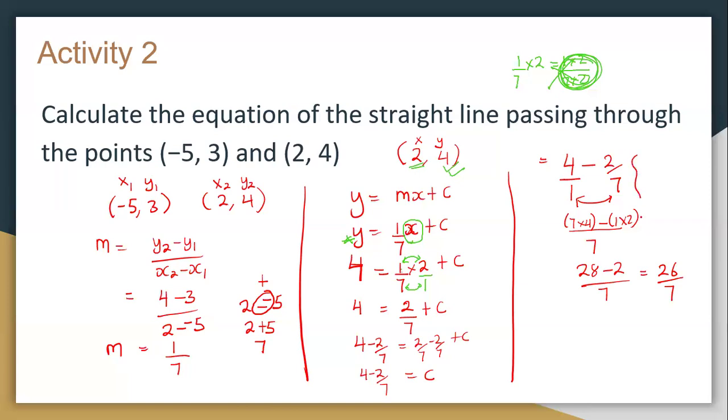Alternatively, those people who have calculators, when you have 4 minus 2 out of 7, you place in your calculator 4 minus. On your calculator, you have the shift key, and somewhere here you have AB out of C. This is what places a fraction in your calculator.